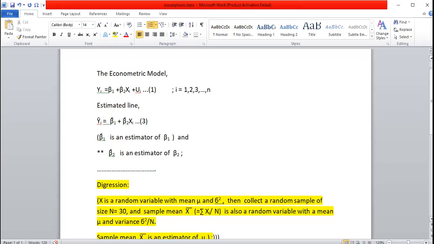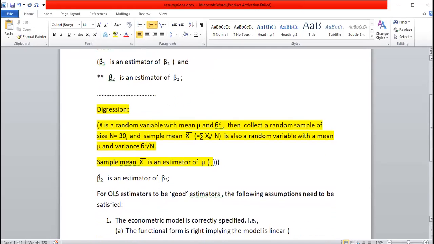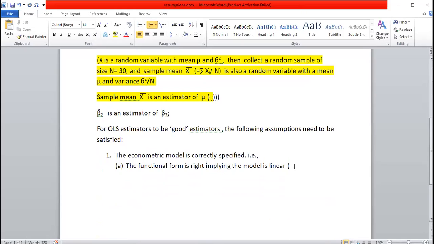What are the parameters in the model? Beta 1 and beta 2. When they say linear, they actually mean linear in parameters.